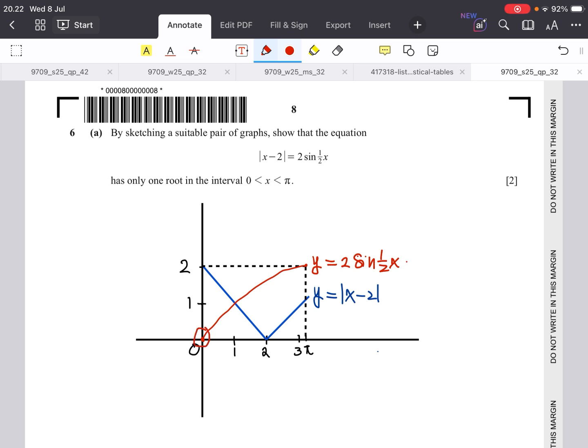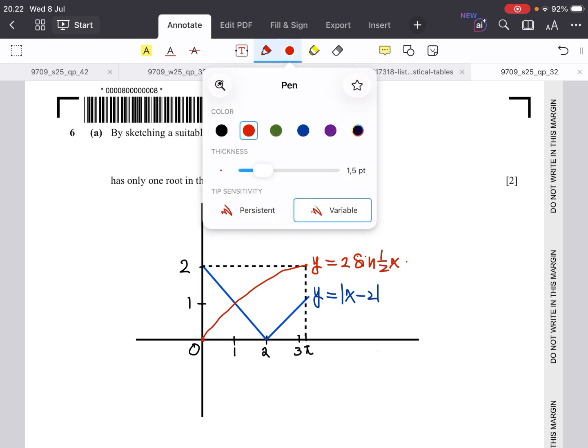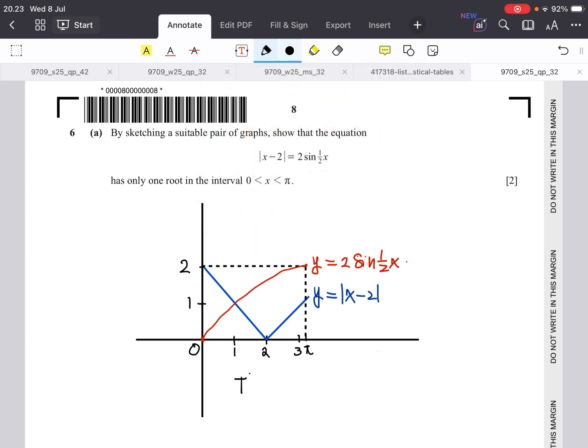When x equals 0, the value of y is equal to 0, and then when x is equal to pi, the value of y is 2 sine half pi, which is equal to 2. So as you can see, there is only one intersection point between these two graphs. Therefore, there is only one root in the interval from 0 until pi.